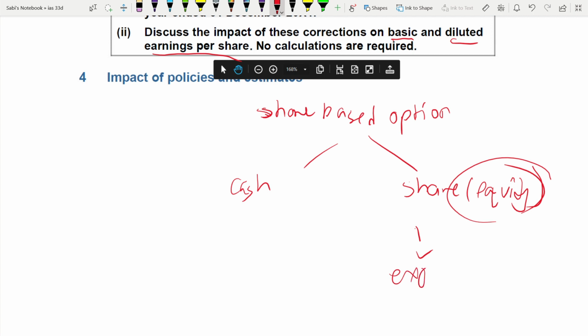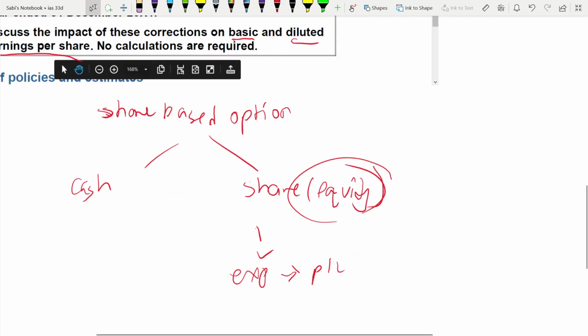It's an expense for you, because you are giving share-based payment to your employees. You are recording this expense over the 3 years because this share option is for 3 years. You need to spread it over 3 years, from 2001 to 2003.